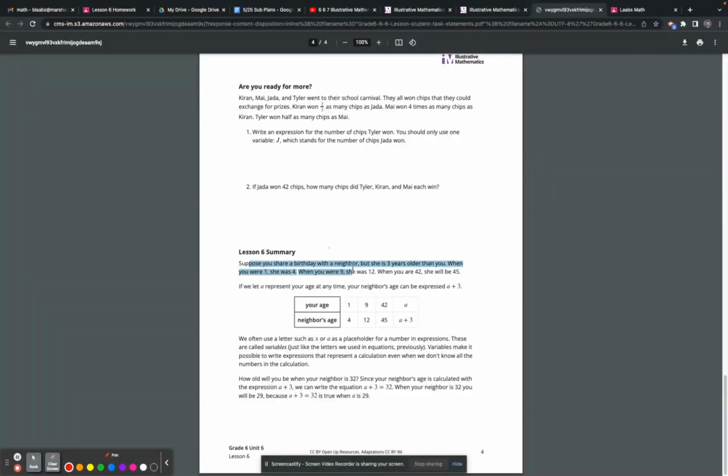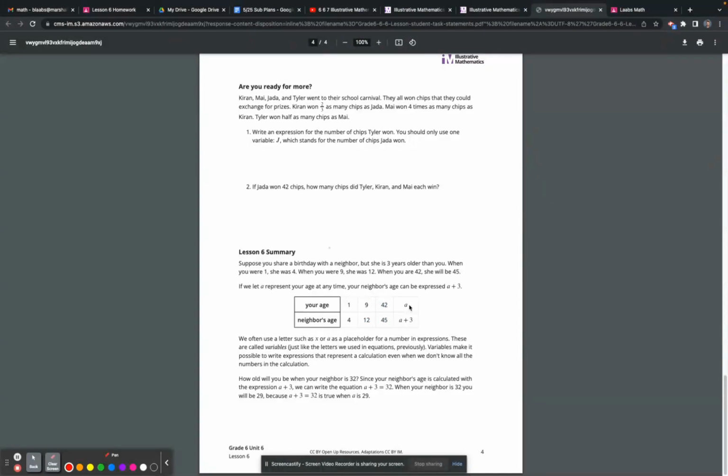Suppose you share a birthday with your neighbor, but she was born 3 years earlier than you, so she's 3 years older than you. When you were 1, she was 4. When you were 9, she was 12, because she's 3 years older. When you're 42, she'll be 45. So that's what they showed here. When you were 1, they were 4. When you were 9, they were 12. When you're 42, they'll be 45.